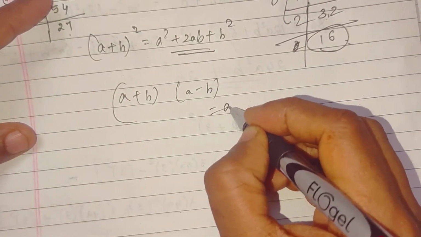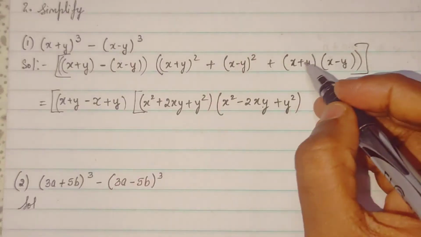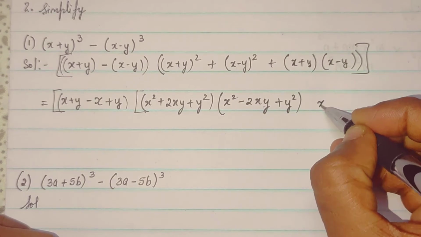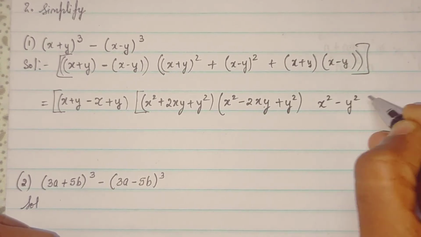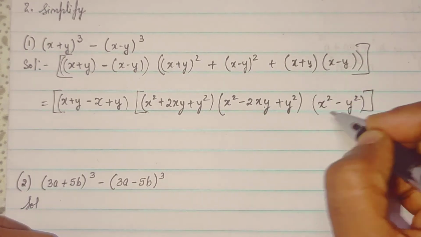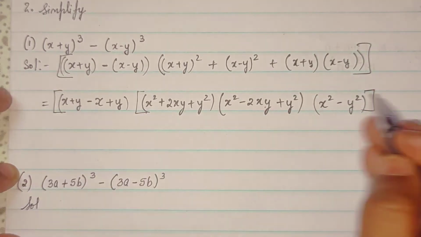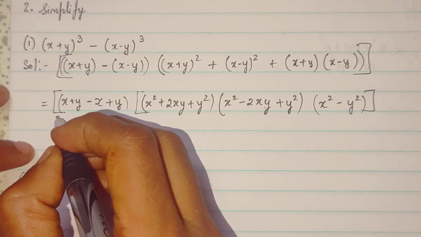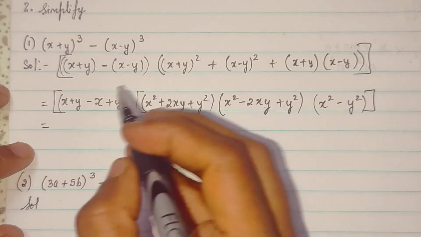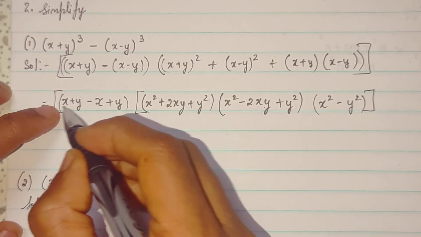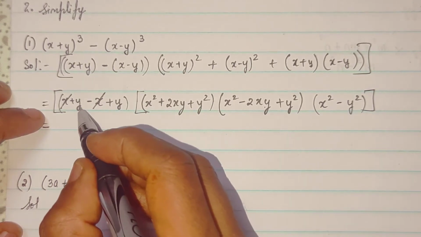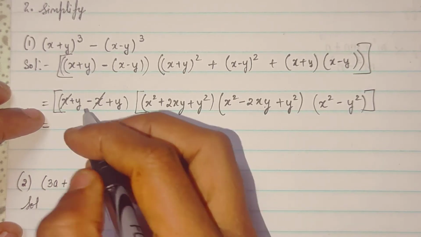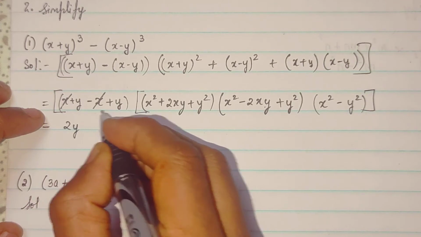So the answer is a square minus b square. So here we have to write x square minus y square. Now further when we open the bracket, we will get, see here x and x on the opposite side cancel, and 1 plus 1 is 2y. This became 2y.